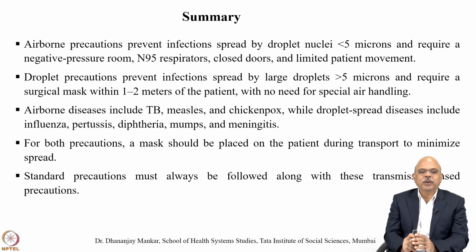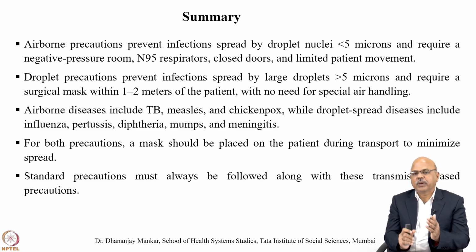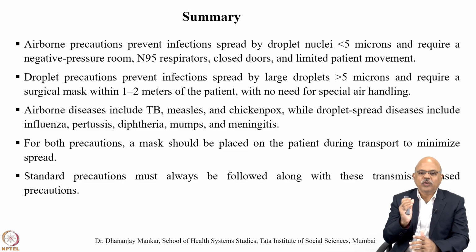With respect to droplet precautions, which we see even in general outlets, healthcare settings or hospitals, what do we need to do? We need to prevent infection spread by the large droplets below 5 microns and require a surgical mask within 1 to 2 meters of the patient, with no need for special air handling, so droplet precaution prevention is much easier compared to airborne precautions.